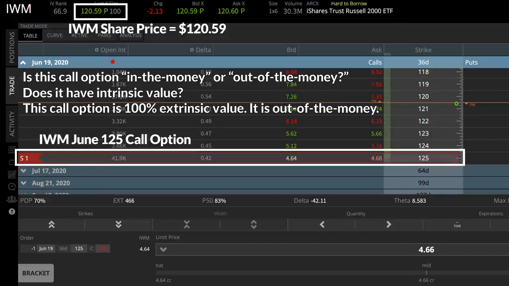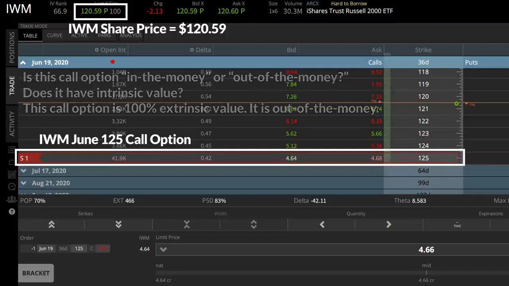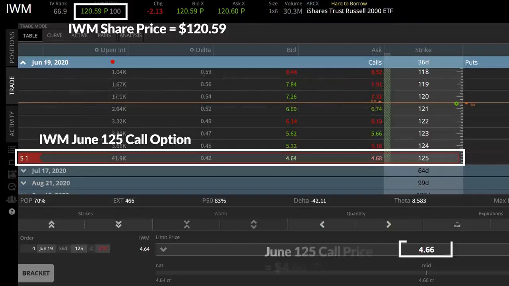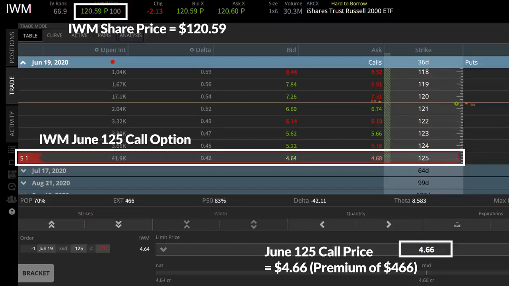And as we discussed in the last section, time value or extrinsic value comes out of the option price as it approaches expiration. In the bottom middle of this image, we can see that the price of this 125 call option is $4.66. And that means that the option's cost or premium is $466.